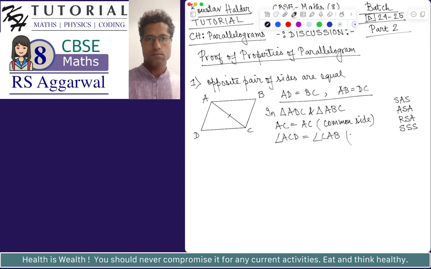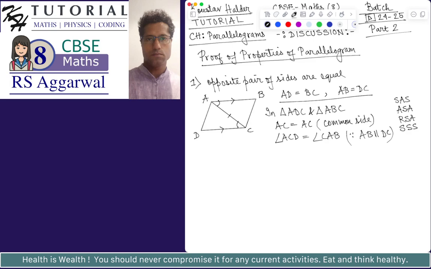This is because AB is parallel to DC, so this angle is equal to this angle. Since AB is parallel to DC, you can consider AC as the transversal that is intersecting the parallel segments AB and DC at two different points A and C.